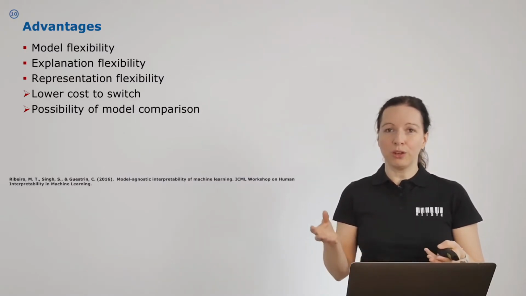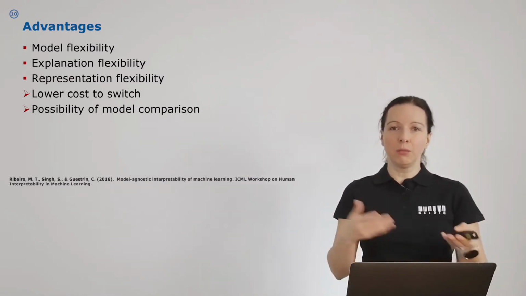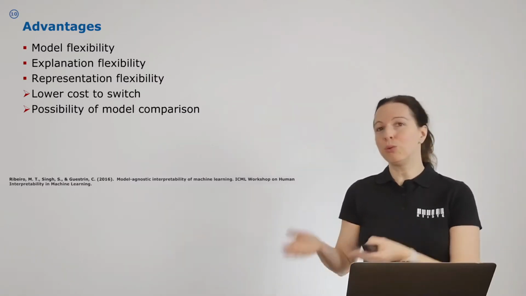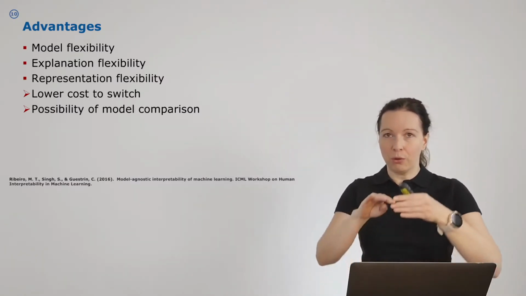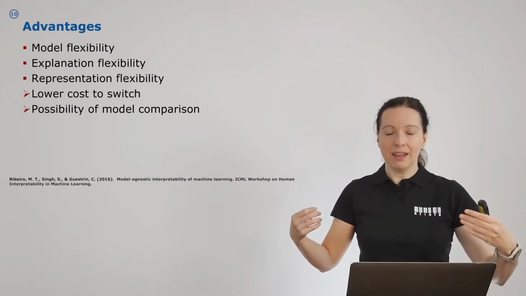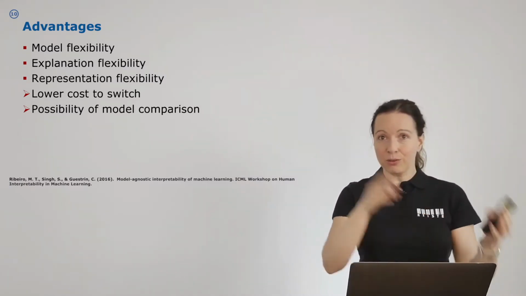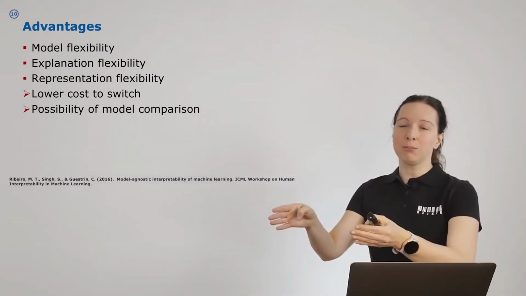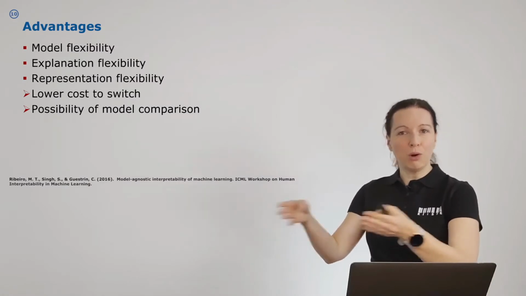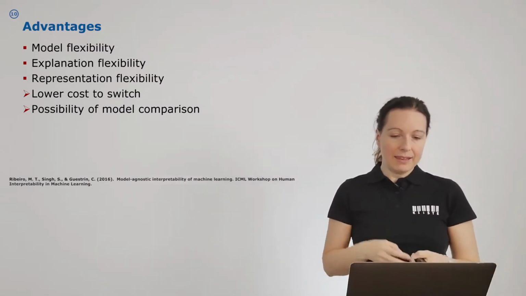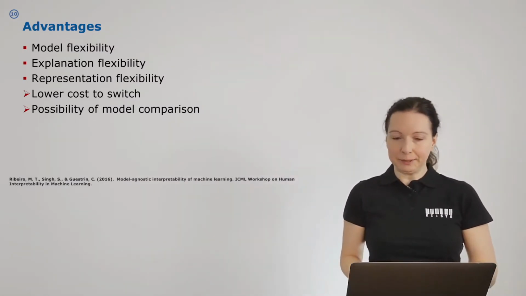Otherwise, you would need to choose the model based on what you want to interpret. So you have this separated, and you can get high accuracy, but also have the possibility to interpret the model and the result.